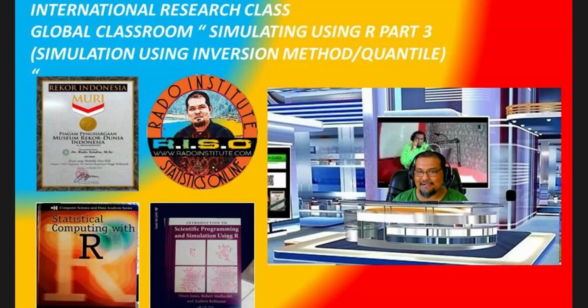Our discussion today is based on 2 research articles. We will use the data in the research articles, and we will try to create the code to make the simulation data.